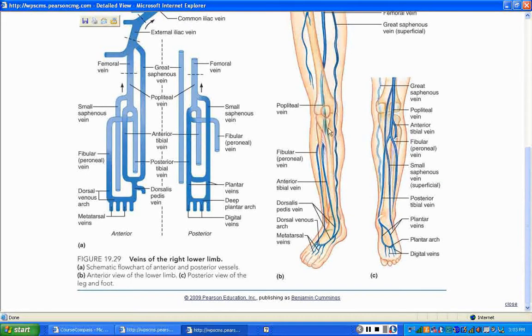But you can see right here that as something's going back there, eventually there's a little branch that sticks out right here and goes lateral. When it goes lateral, it's called the fibular because it goes to the outside towards the fibula. And then down at the bottom, you have this Dorsalis Pedis again.